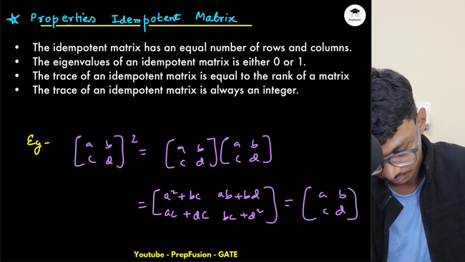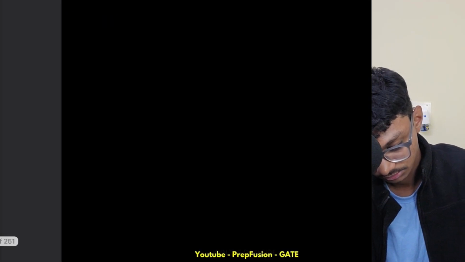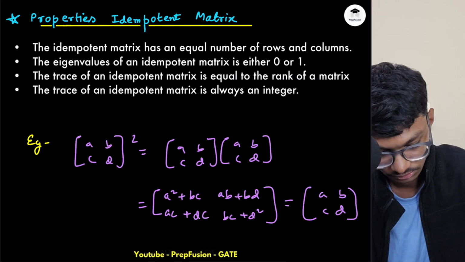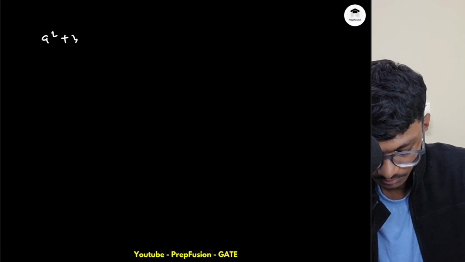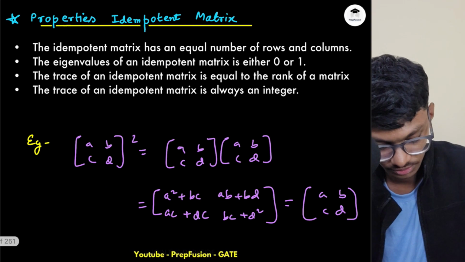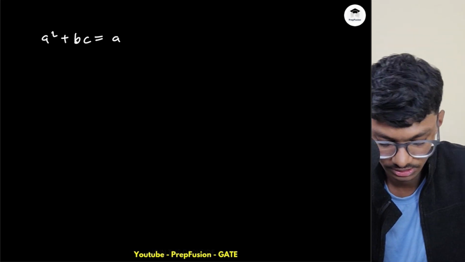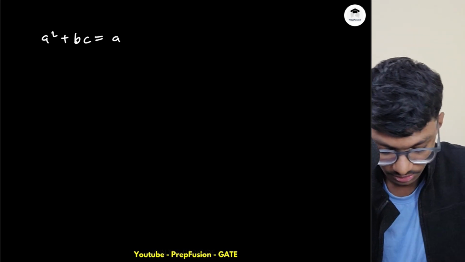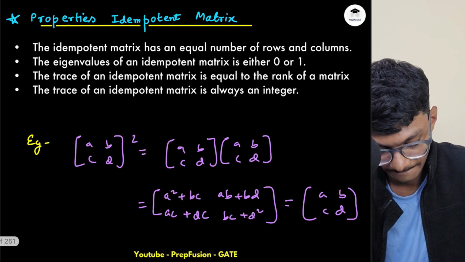So from here, what relationship can I get? a square plus bc equals a. Then this can be written as a into 1 minus a equals bc.